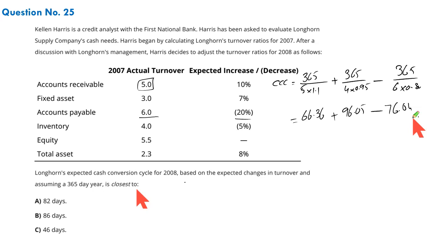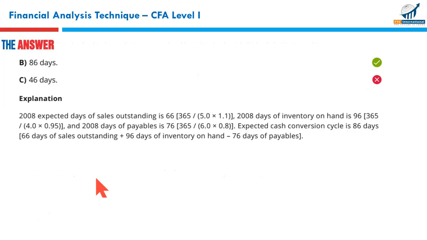You got your result. 66.36 plus 96.05 minus 76.04, and there you go, 86.37. And the closest result, as it says, is B. See, we did it in a single line. Instead, computing each number separately and then finding the final answer would have wasted a lot of time.